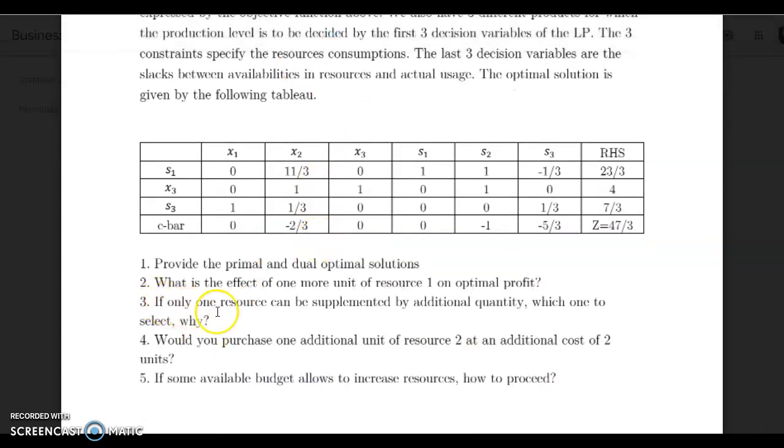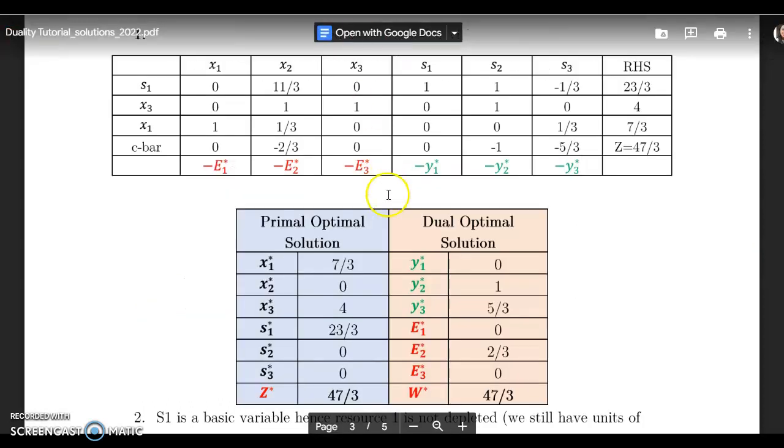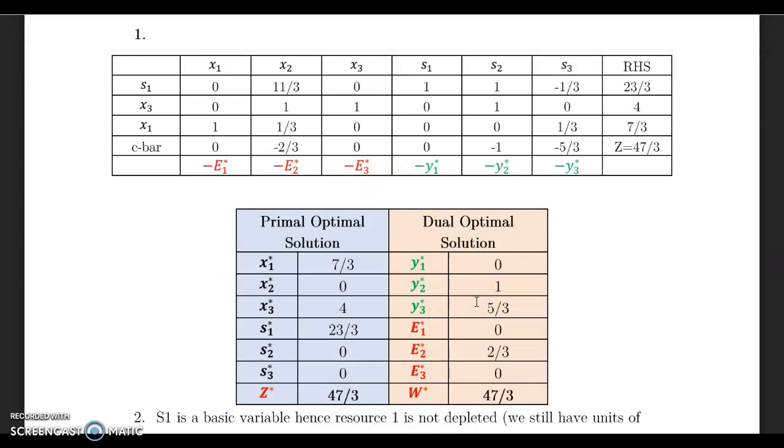Third question: if only one resource can be supplemented by additional quantity, which one to select? So we're asked which resource to increase in order to get more profit. For that, we look at the shadow prices of x1, x2, and x3. The shadow price of x1 equals 0, which means that we should increase resource 1 by 0.